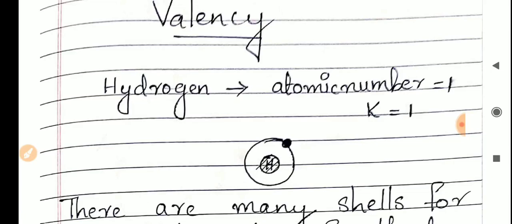So here hydrogen's nucleus is present at the center, and around the nucleus the first shell, the K shell, is kept, carrying only one electron.